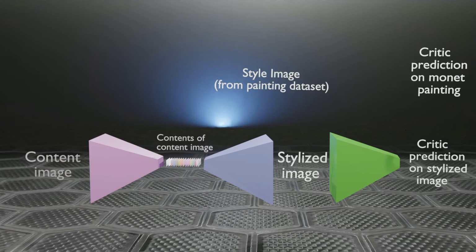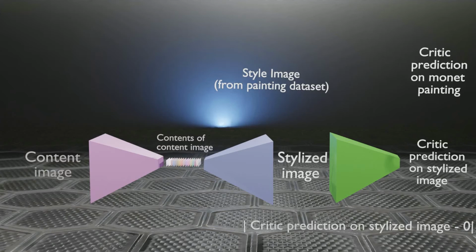So the loss on stylized image prediction would be this, which is the absolute value of the difference between 0 and critic prediction on stylized image, which in simple terms means how far away your prediction was from the desired result. The desired result is 0 because we want the critic to output 0 whenever it sees a stylized image.